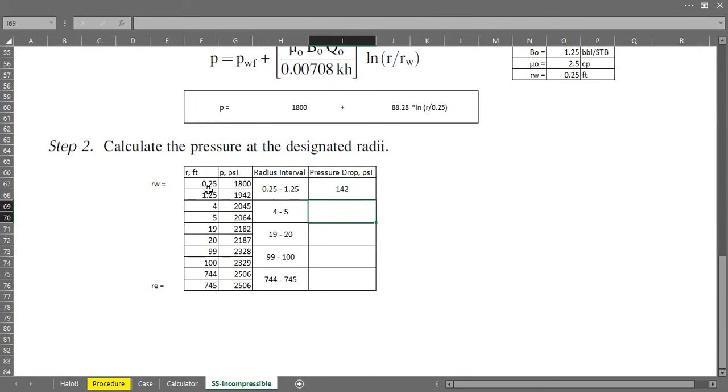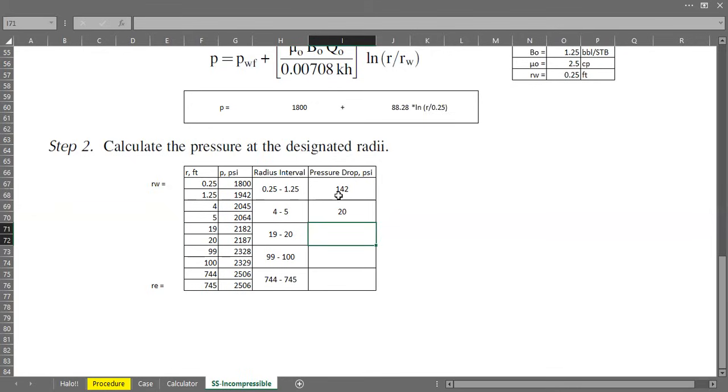So the pressure drop across 1 feet interval is 142. This one, this minus 2045. So now from this location to 5 feet, 4 to 5 feet, only 1 feet interval, pressure drop 20.